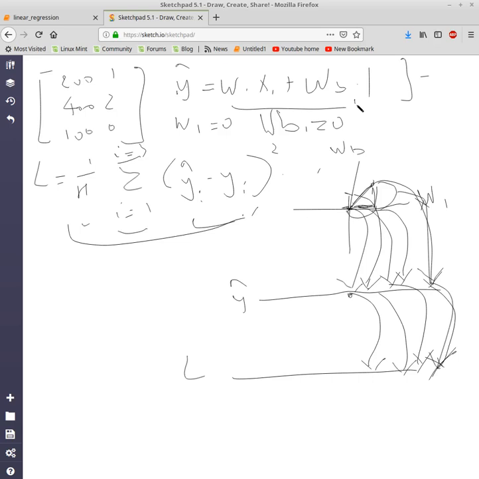So we can set WB as a constant and take the derivative dL/dW1 to see the change of loss with a change in W1, holding WB constant.